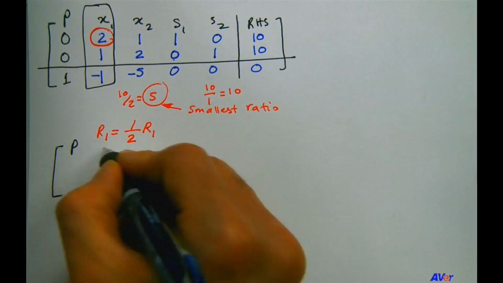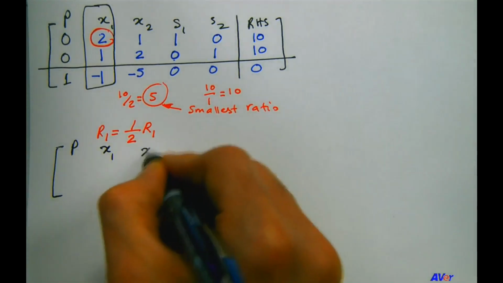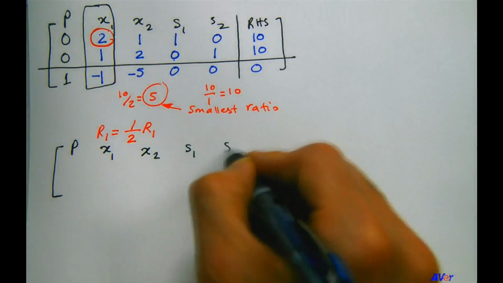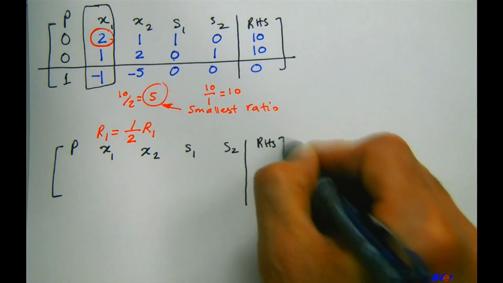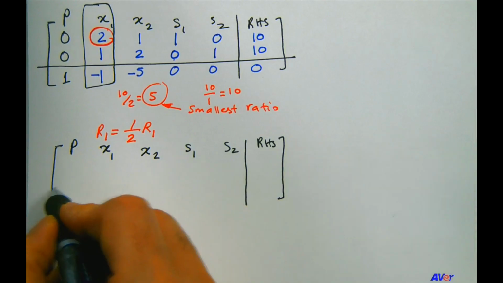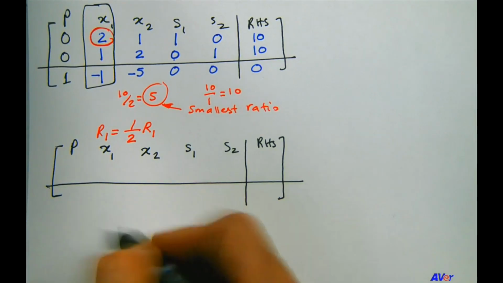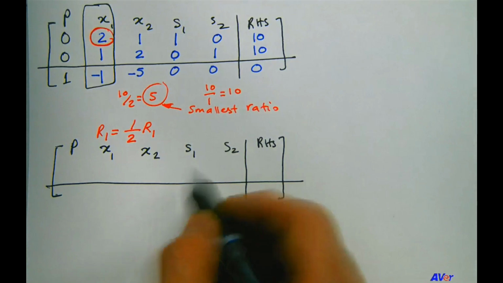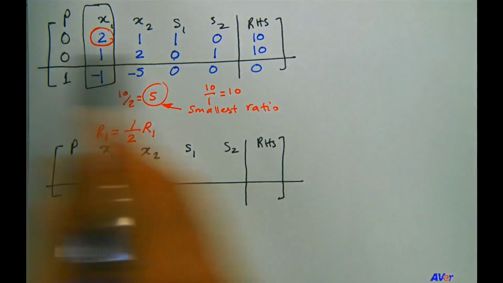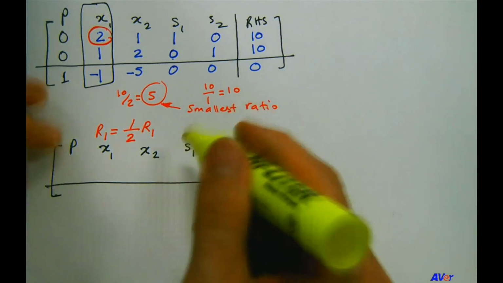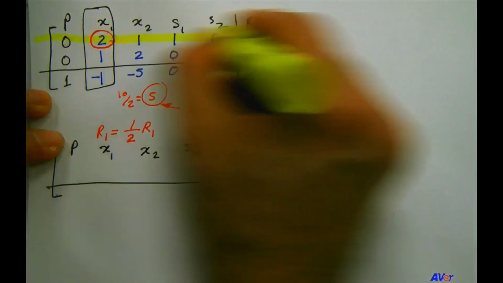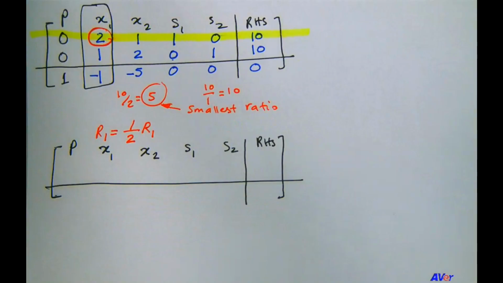So we have once again P, X1, X2, S1, S2, and of course the RHS, or the right-hand side column, and the objective row that's going to be here. So we're multiplying that whole first row by 1/2.